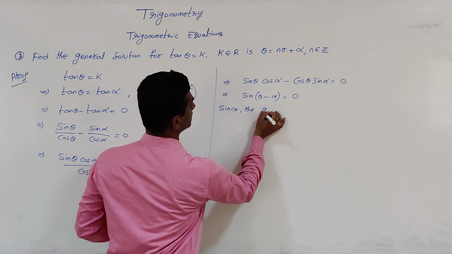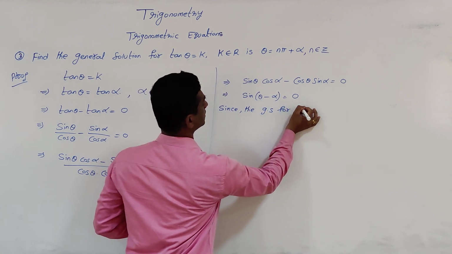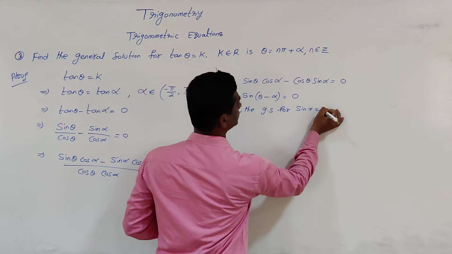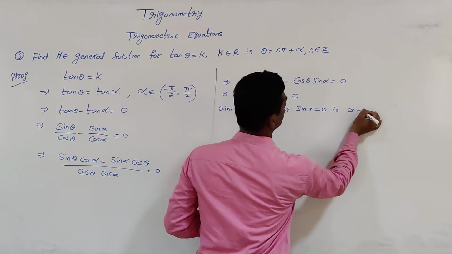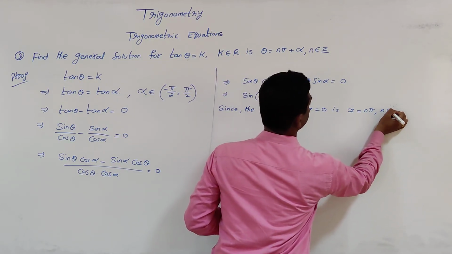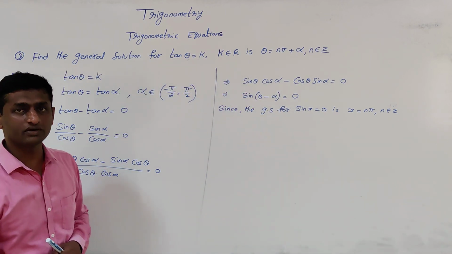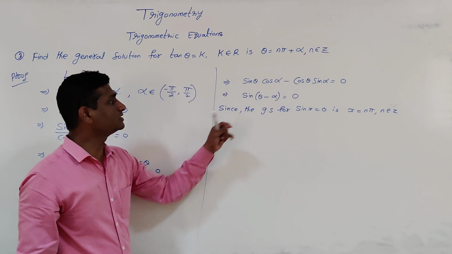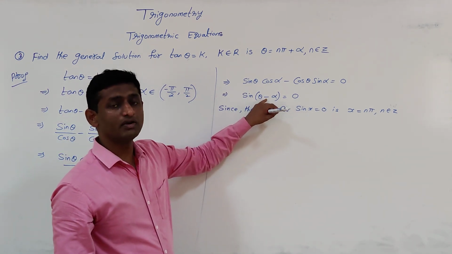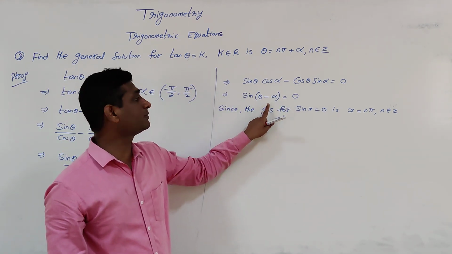The general solution for sin x is equal to 0 is x is equal to n pi, where n belongs to z. But in place of x, what is it now? Theta minus alpha. It is a trigonometric equation, and we will be finding the solutions for theta minus alpha.